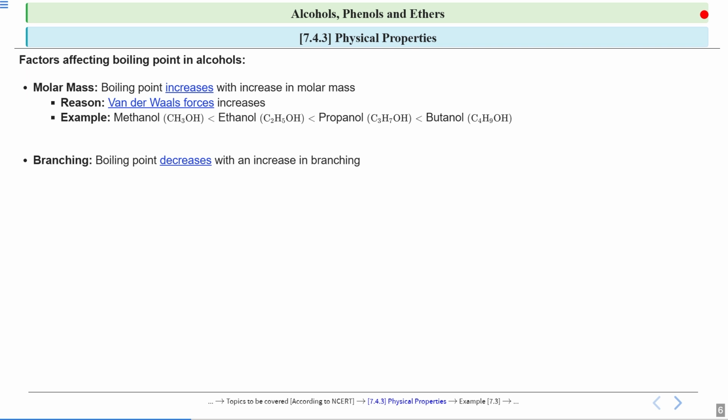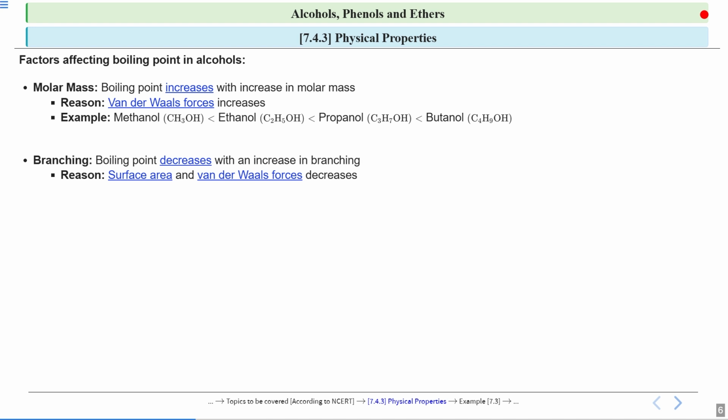Next is the branching. So molar mass is one of the factors that affects your boiling point. The next factor is the branching. So boiling point decreases with increase in branching. If the branching in your compound is increasing, you will see a decrease in the boiling point. This is because, consider a straight carbon chain.